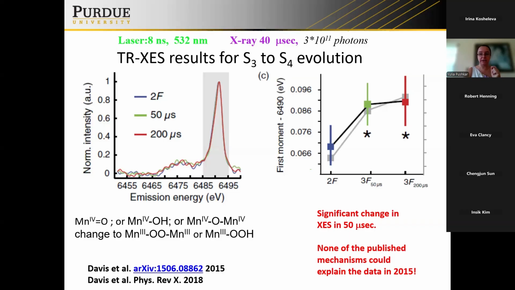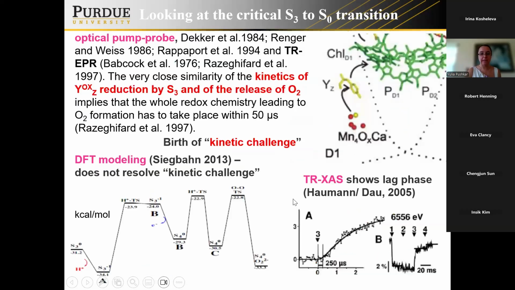And if we change any of those into a bridging peroxide or terminal peroxide, we will have oxidation of the oxygen and reduction of manganese. So we will have this electron redistribution between manganese and oxygen fragments. And that's what we think has happened and caused this change in the spectrum.